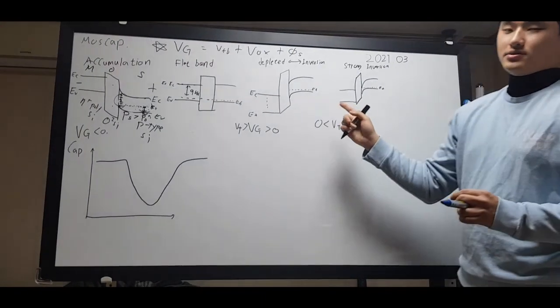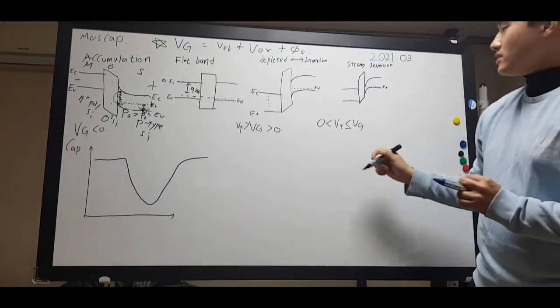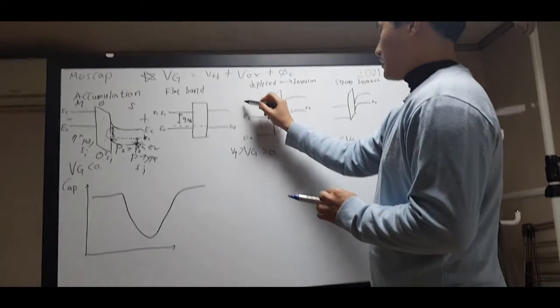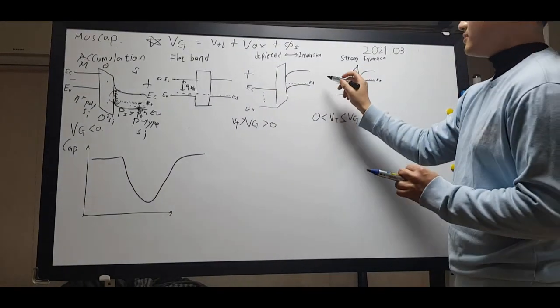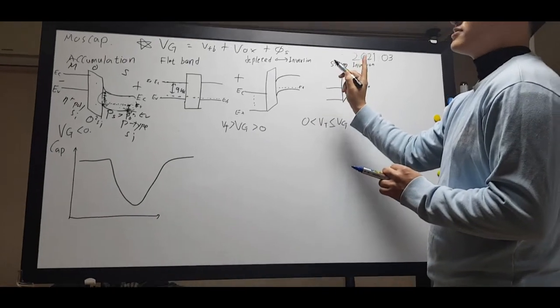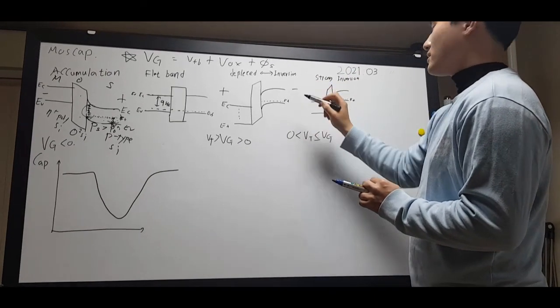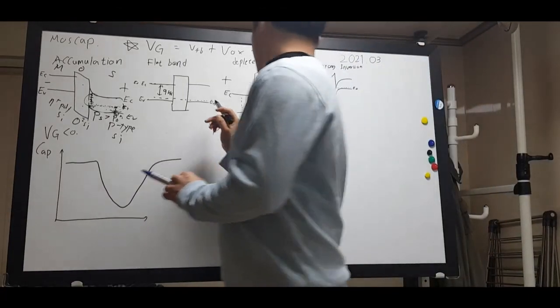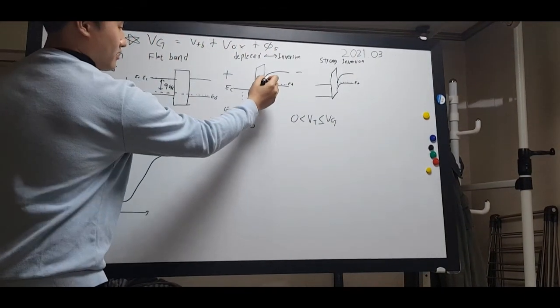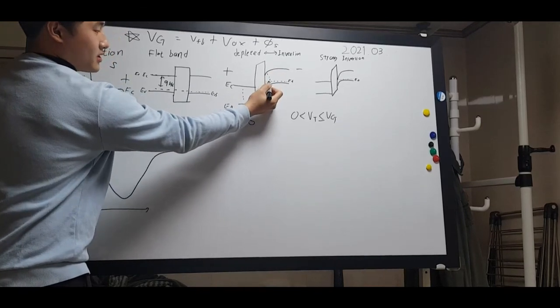And third, depletion. Let's see. In the gate, positive voltage is induced, and at the silicon surface, negative voltage is induced. So what happens? Here we make some depletion.